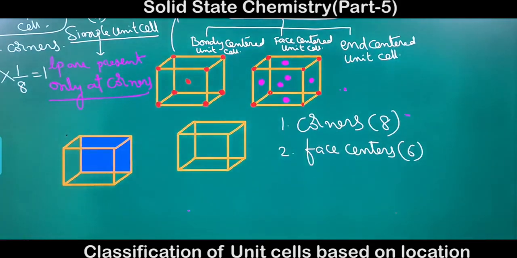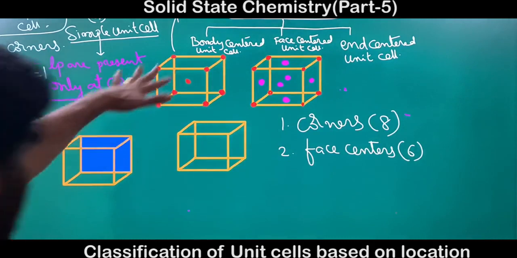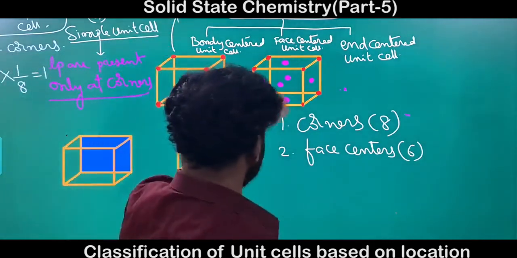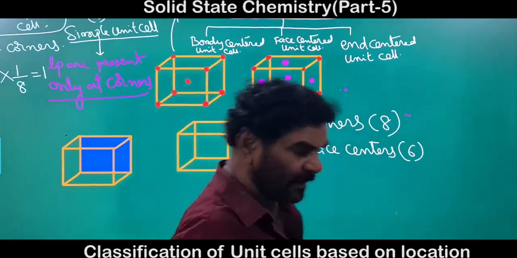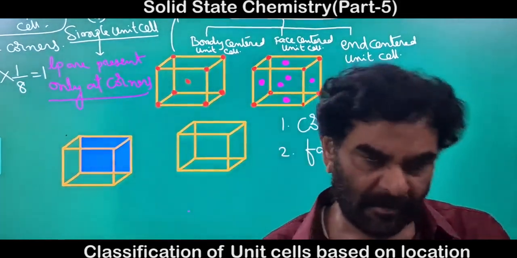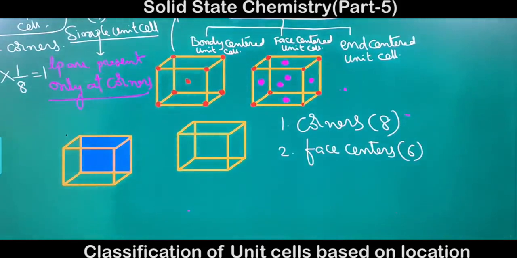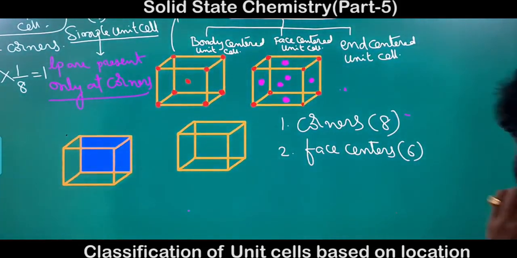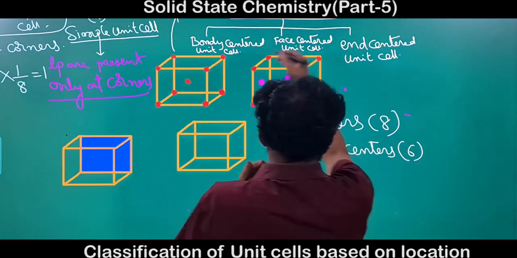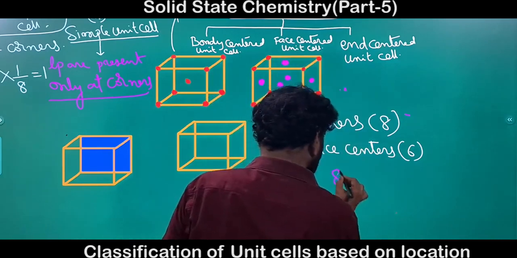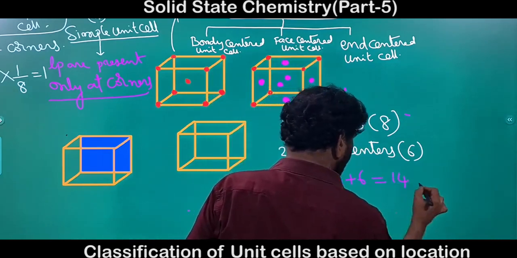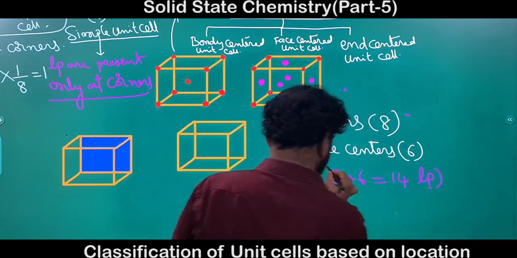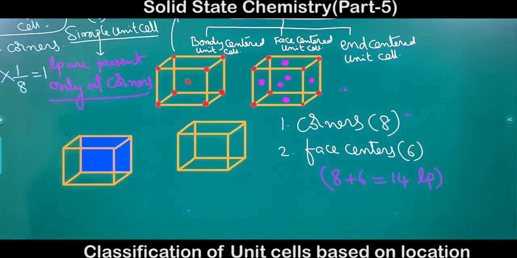So this is the distribution pattern. Red points are on the corners, and along with the corners, if lattice points are present at certain specific centers, it is called a centered unit cell, here a face centered unit cell. So how many lattice points are involved? 8 plus 6, that is 14 lattice points involved in the construction, no doubt.